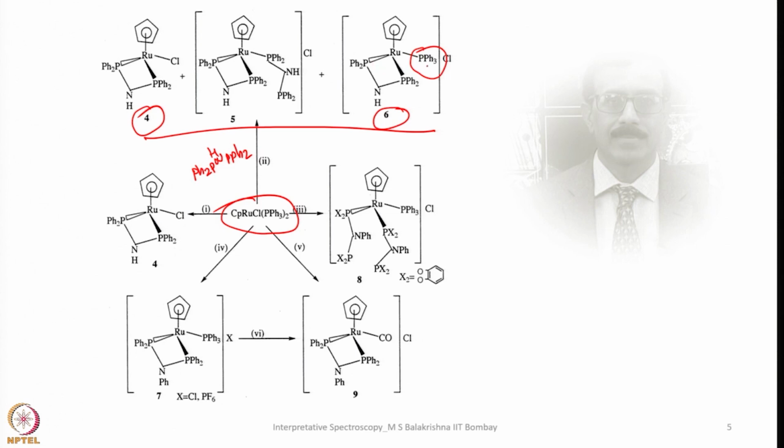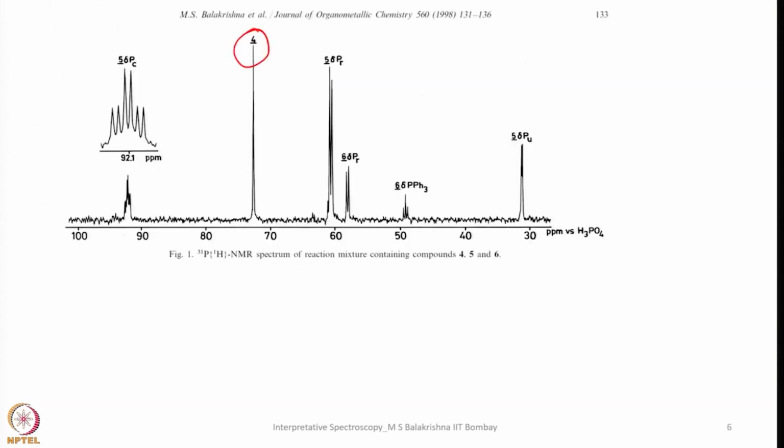So we expect a triplet and a doublet for 6. You can see here a doublet is there and a triplet is there. This is for triphenyl phosphine and this is for the chelated 2 phosphorus moieties of bis diphenyl phosphinoamine.